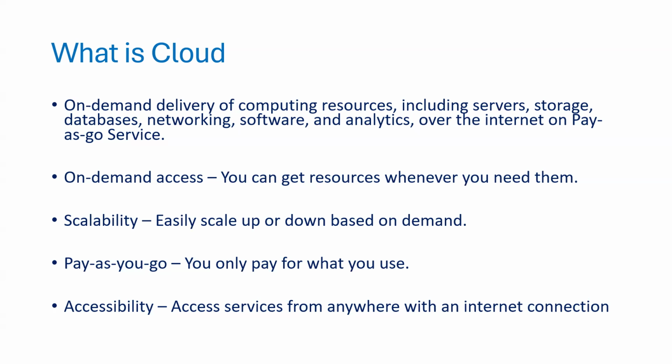Then that is a total waste of my money because I cannot return that hardware. So on demand delivery means I can create a server or virtual machine on the cloud within a time period, and I will be charged for it.